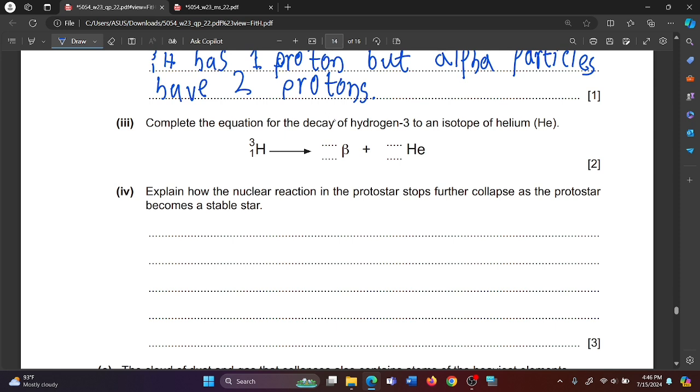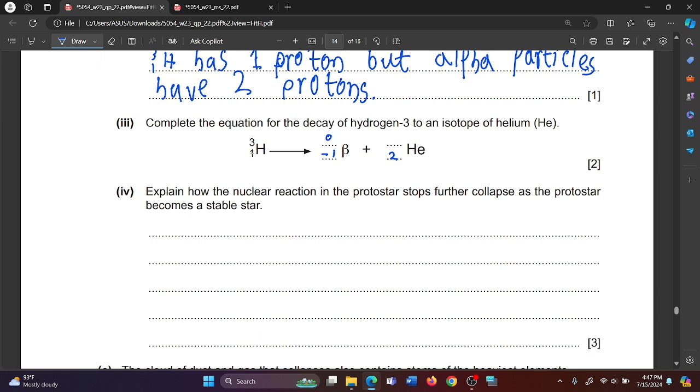Complete the equation for the decay of hydrogen 3 to an isotope of helium. Let's see. So we know the equation of beta emission. During a beta emission, the beta particle has a proton number of -1 and mass 0. Whenever there is a beta emission, the proton number of the final product increases.